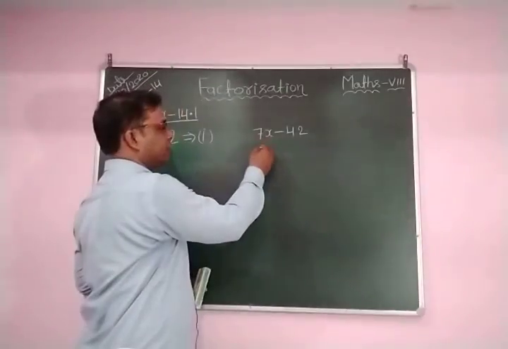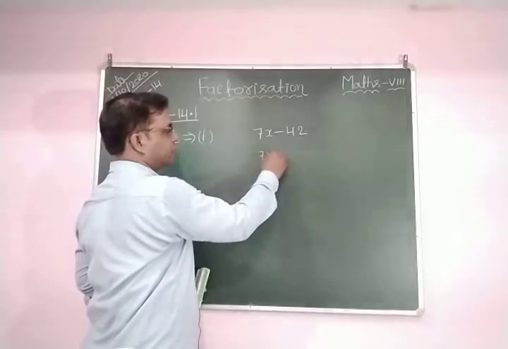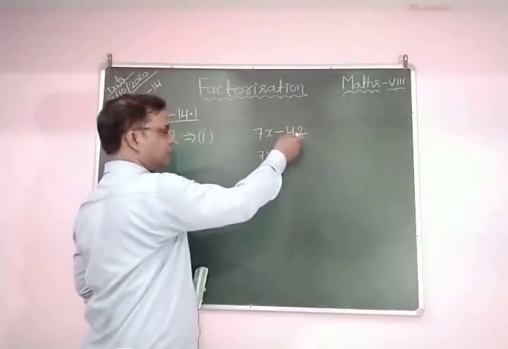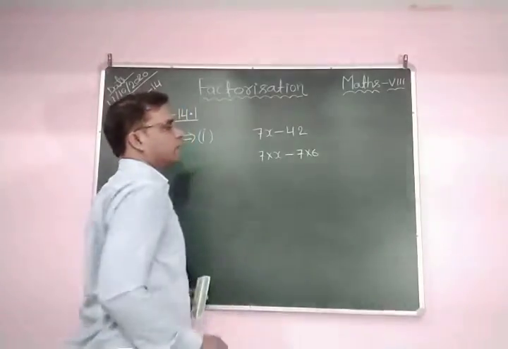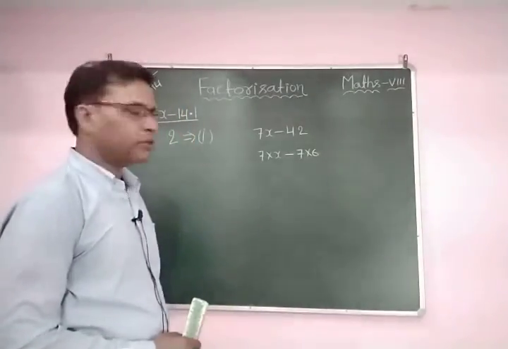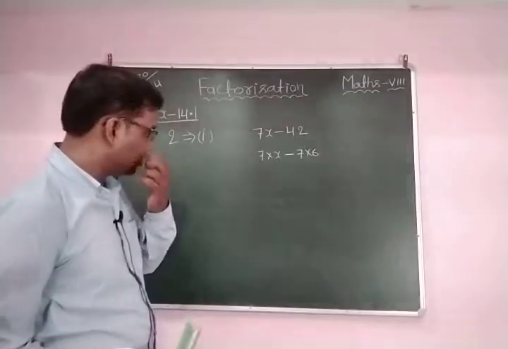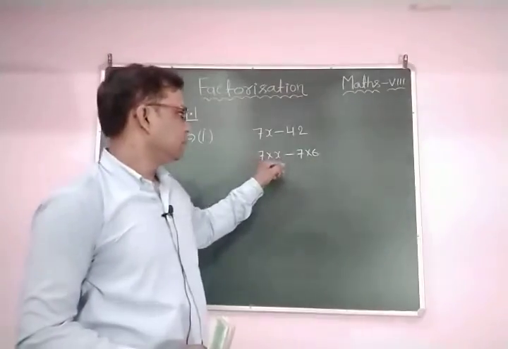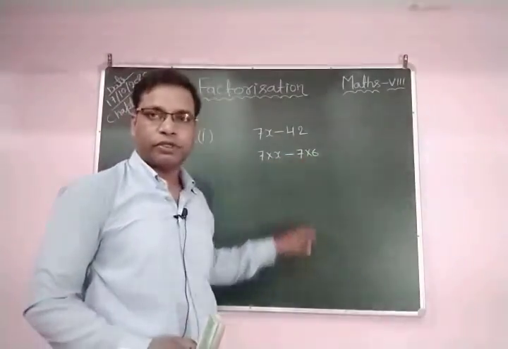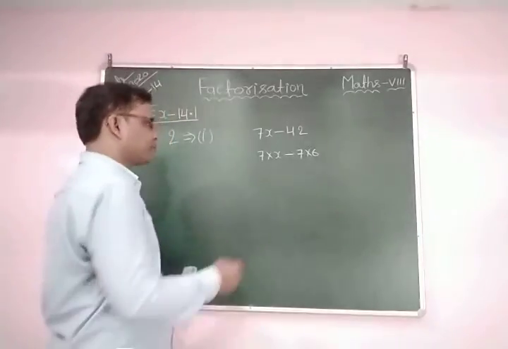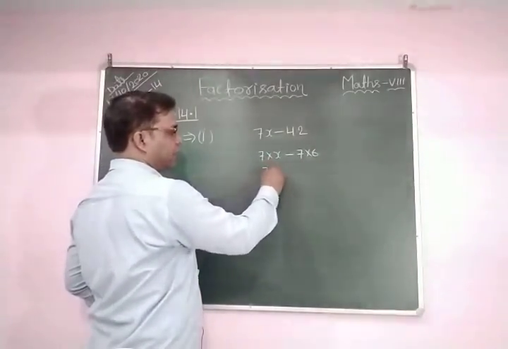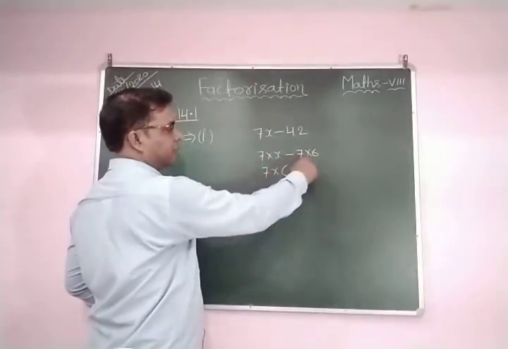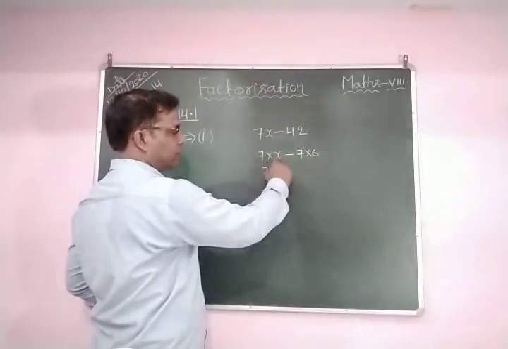So here you can write it as 7 into x, and this is equal to 7 into 6. Okay, so you can see what is common between them. 7 into x, 7 into 6, so 7 is common. So first we take 7 common and write the remaining part of the terms.